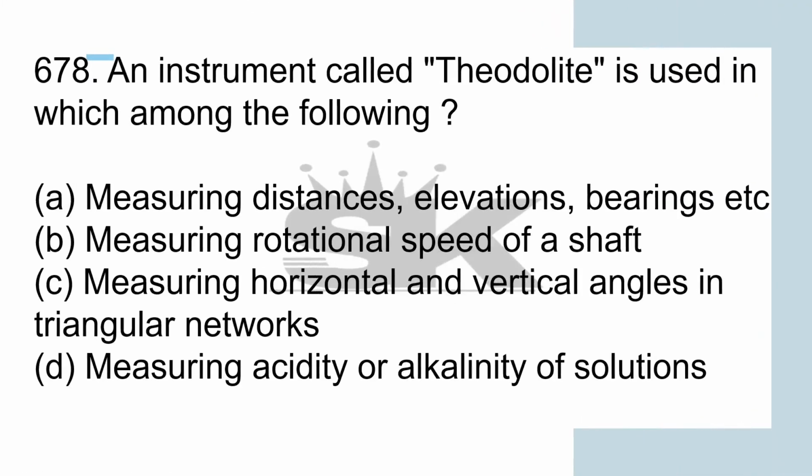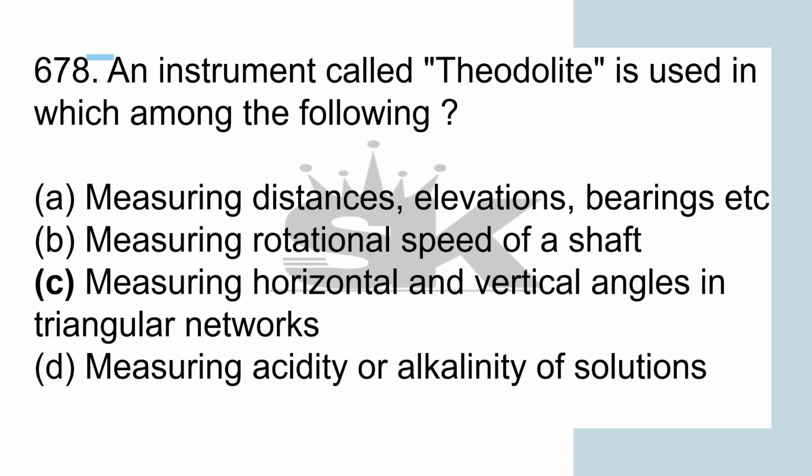An instrument called theodolite is used in which among the following? The theodolite is a precision optical instrument for measuring angles between designated visible points in the horizontal and vertical plane.